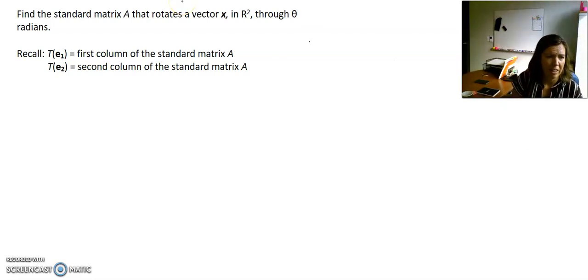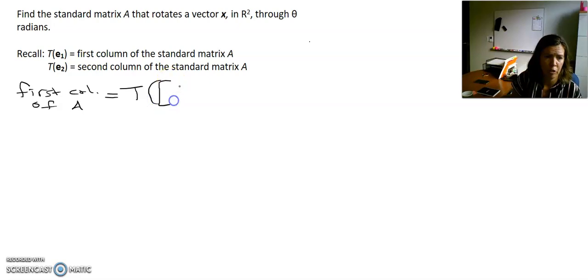All right, so now I want to get into the particulars of this problem that you have in the homework. We could generate the first column of this matrix A by applying the transformation to the first unit vector, 1, 0. Okay, and I want to draw a picture of this.